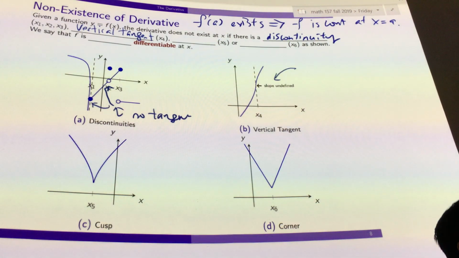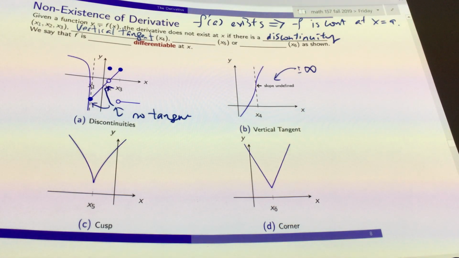So my derivative is actually going to infinity. A tangent exists because it's vertical, but the derivative does not exist because the slope is infinity. So the slope is undefined. In fact, it's going to infinity, plus or negative. Remember, a limit does not exist but can be infinity.